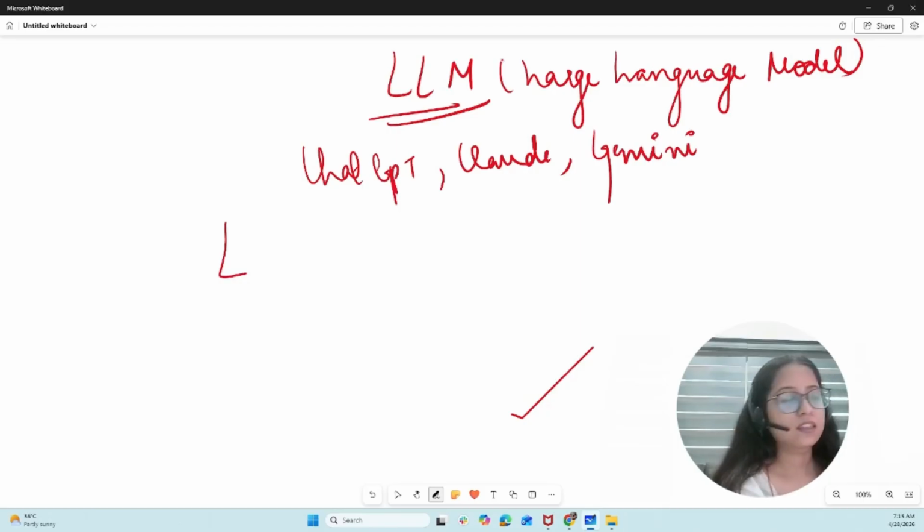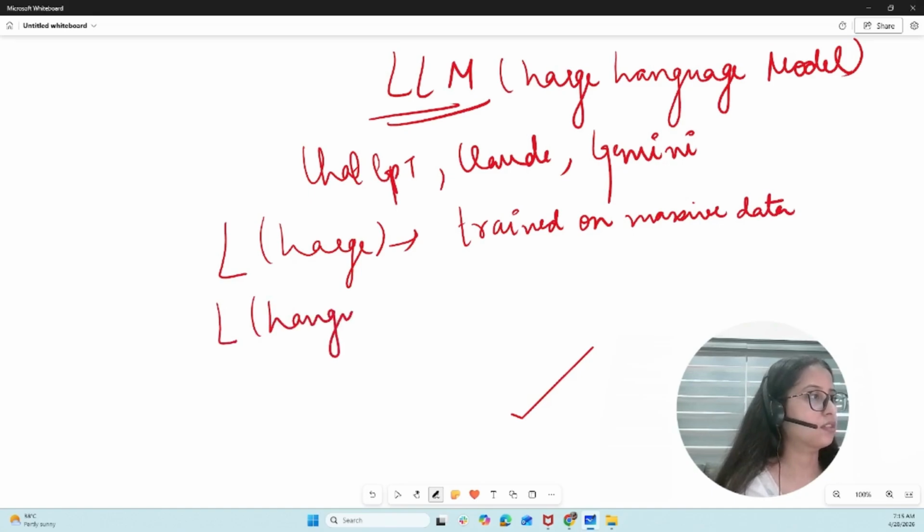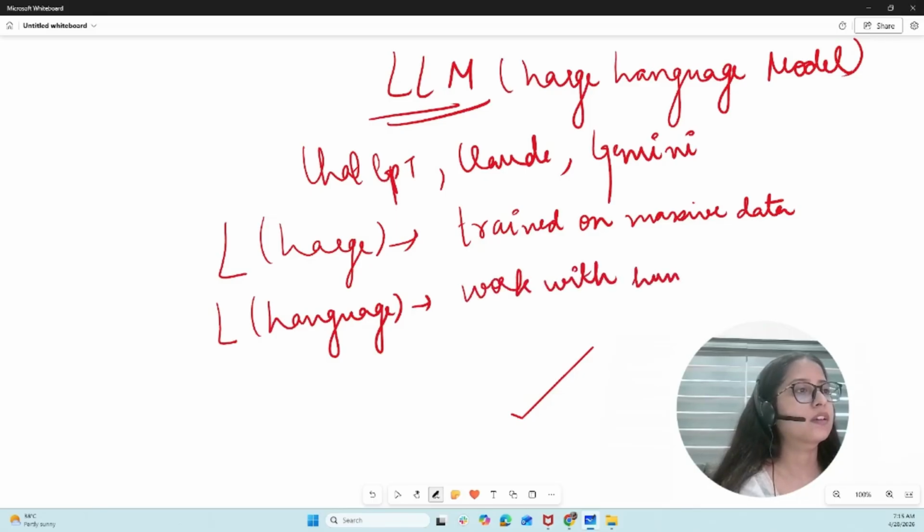L, that means large. What does that mean? Trained on massive data. The second L, which means language. Right? Now, what does this mean? Works with human language.